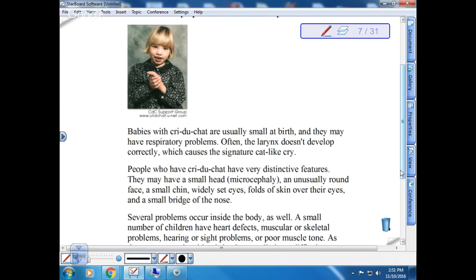Maybe it wouldn't even be able to implant, right? It would just be spontaneously aborted. So there are lots of mechanisms by which the female protects against having babies that have really bad genetic defects.